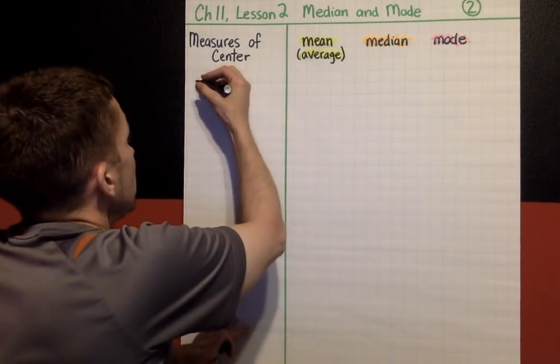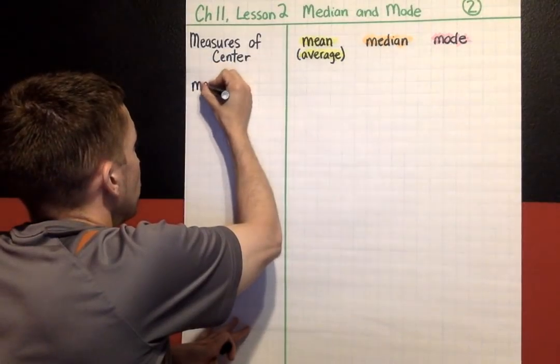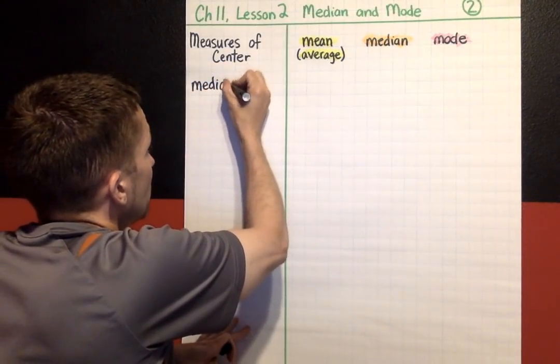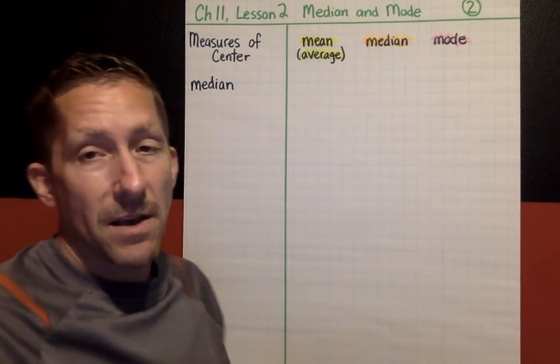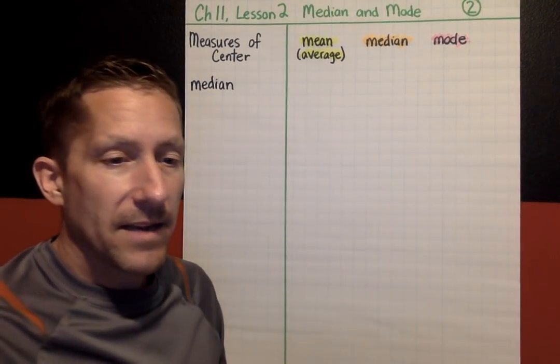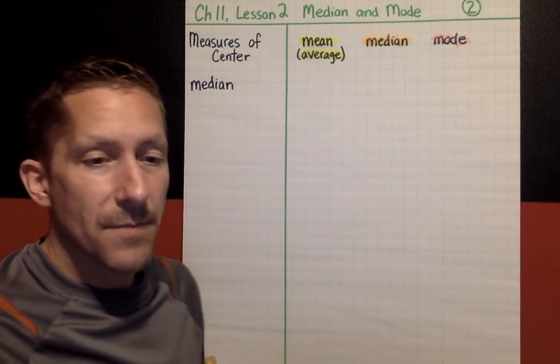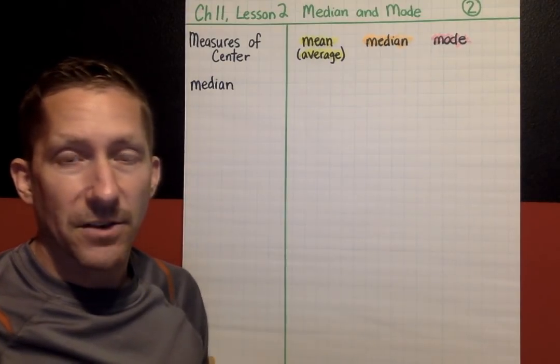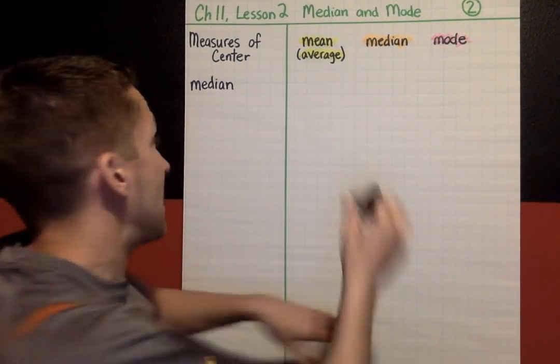Okay, the median, definition of the median. We'll do definitions first, and then we will do some practice problems. The median in a set of data is the value in the middle of the data after sorting the data low to high.